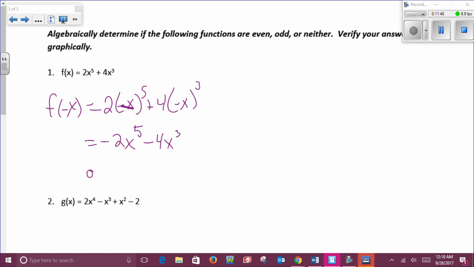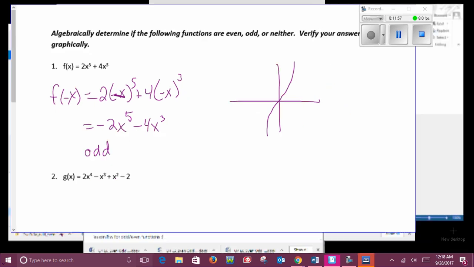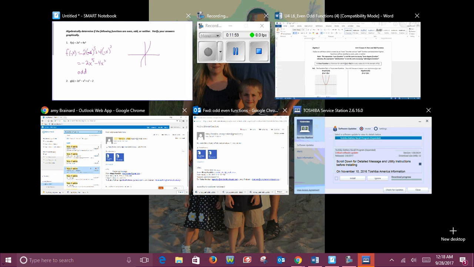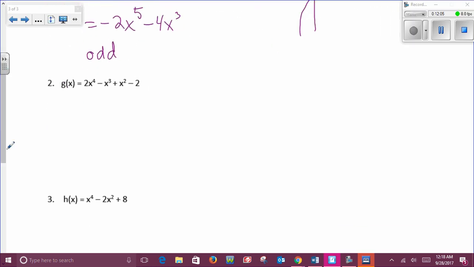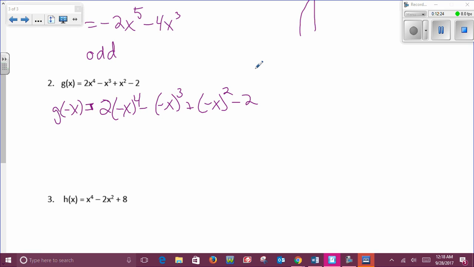So this would be odd because everything is the exact opposite. And to verify it graphically, that is what it looked like when I graphed it. Sorry about that. G of x, so g of negative x. I'm just putting in negative x for all of my x's, and I'm going to simplify it.